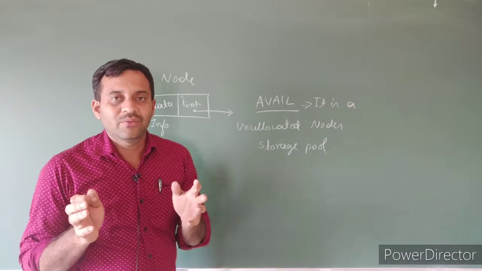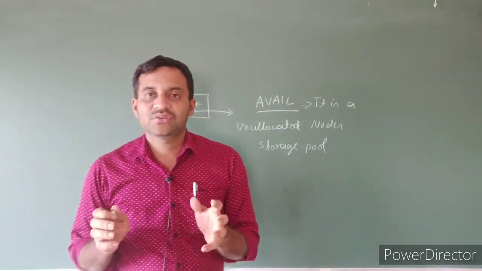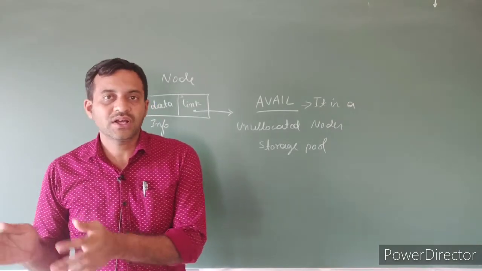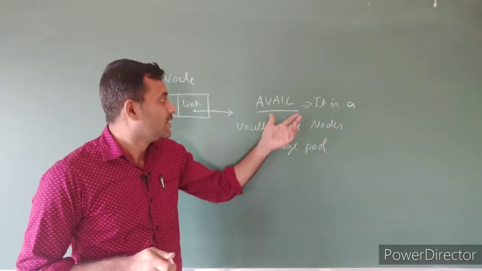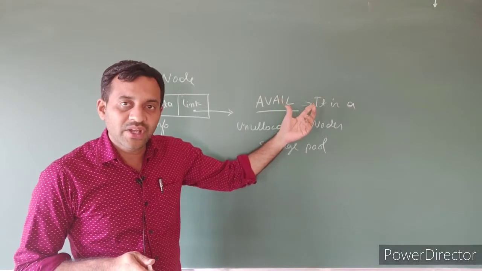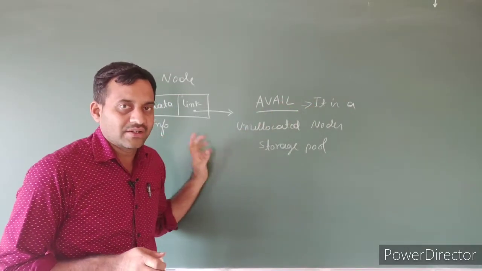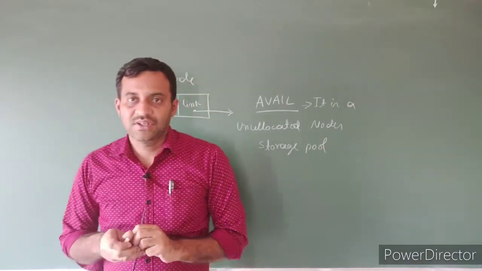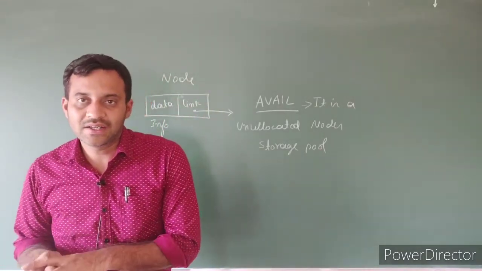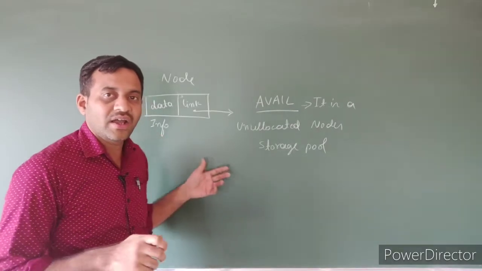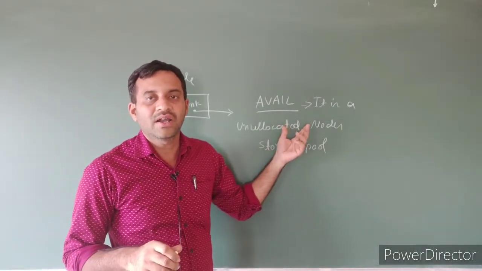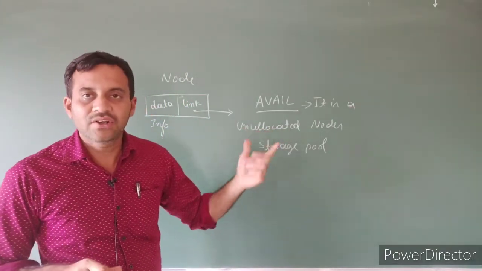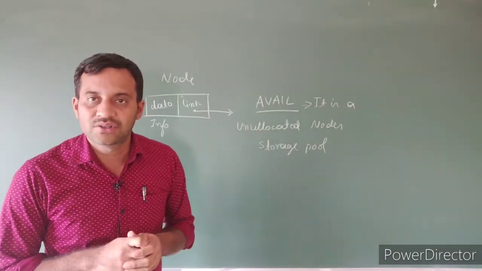When we wish to insert a node to the linked list, nodes are deleted from the avail and inserted to the linked list. If you delete a node in a linked list, deleted nodes are again joined to the avail, or come back to the avail.